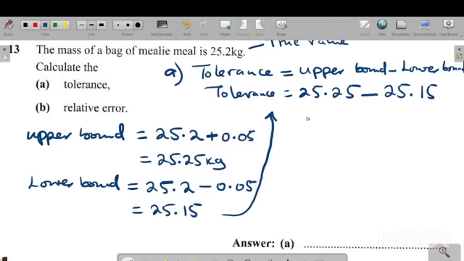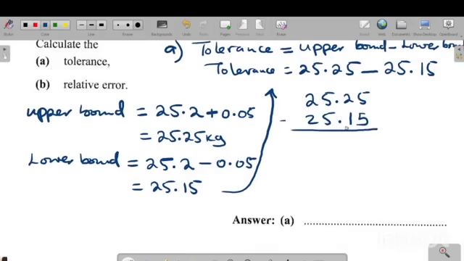In case people may be wondering how to add and subtract decimals, this is what we're going to do. Remember, this is paper 1. So we're going to say 25.25 minus 25.15. You write them vertically like this. Make sure that the place values are aligned.